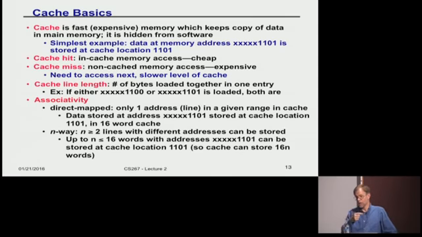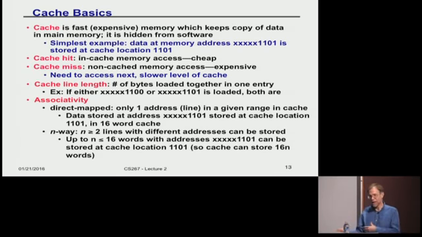Let's suppose it's a 16 by 16 matrix, and I'm reading it down a column. Then what's the address of different entries in the same column? They differ by 16. So they'll all end in the same 4 bits. And so they'll all map to the same location in cache. And so reading down that column, I'll have cache misses all the time. And I don't like that, right?